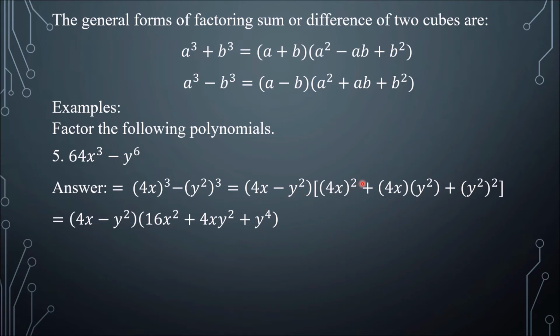And then 4x squared plus 4x times y squared plus y squared squared. That's b squared. Simplifying, we have 4x minus y squared times 16x squared, that's 4x squared, 4xy squared, the middle term, and then y raised to 4, y squared squared.